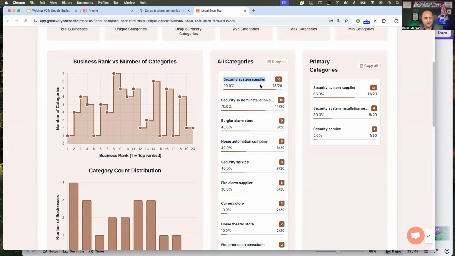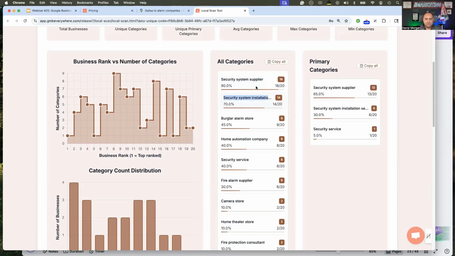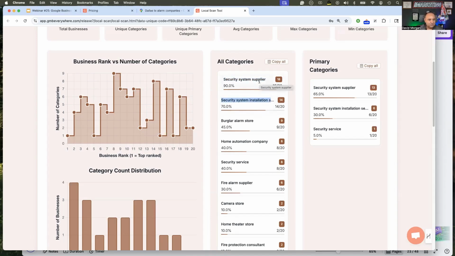I don't want to ever embarrass anyone, but if at first glance you're like, well, wait a minute, why would I want to refer to myself as a security system supplier as opposed to what I really do, which is install? If that's you, type me in the chat, because that's me as well. When I first looked at this a few years back, that didn't make sense to me, but that is just the way that Google interprets things.